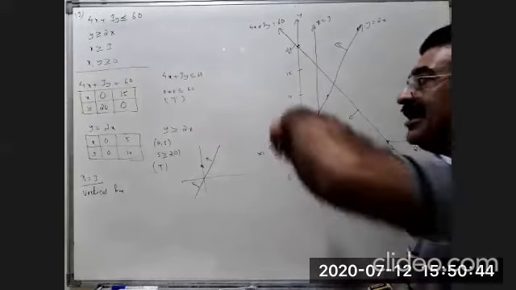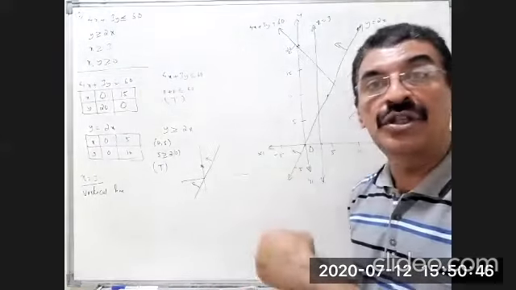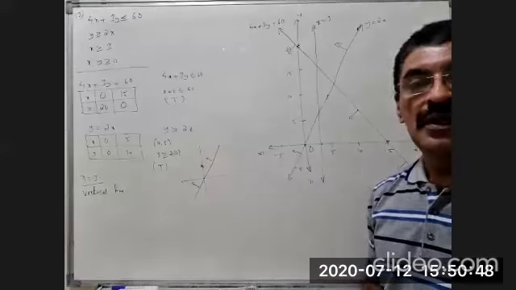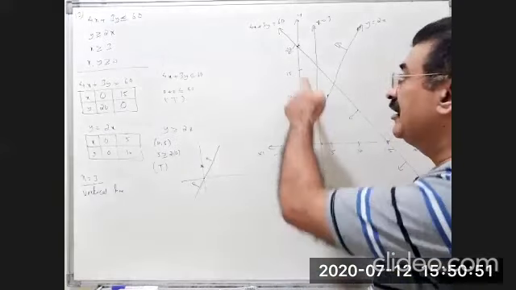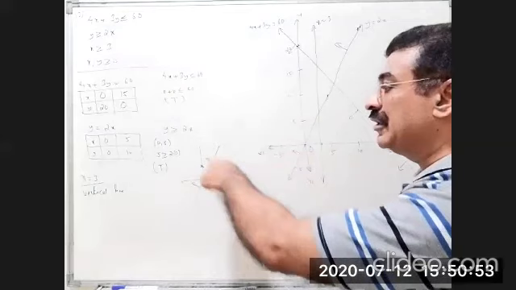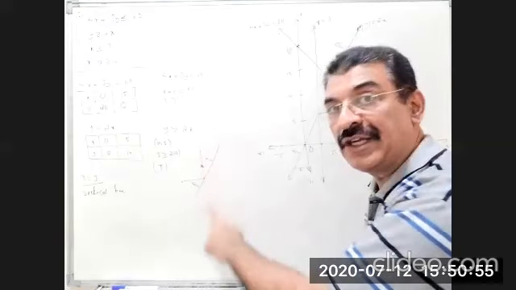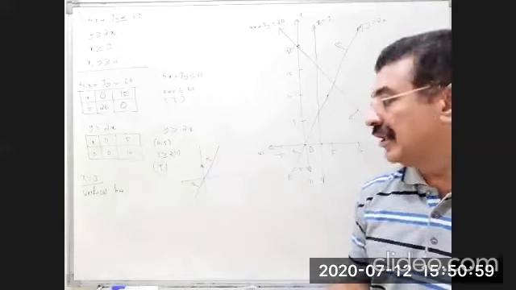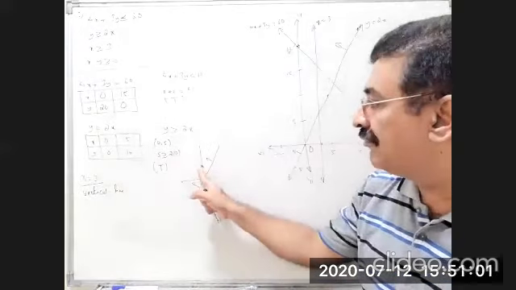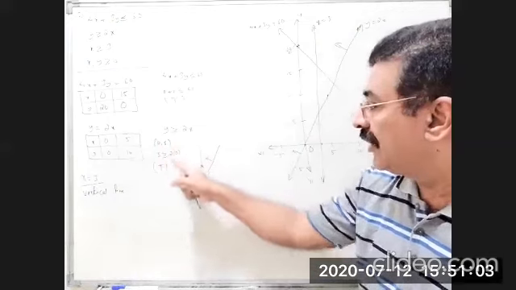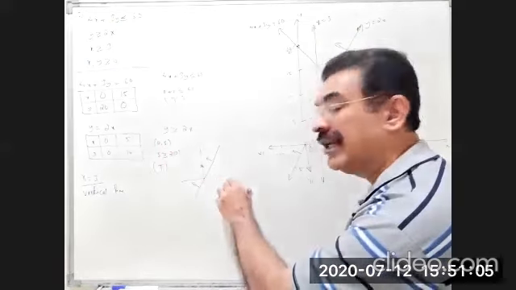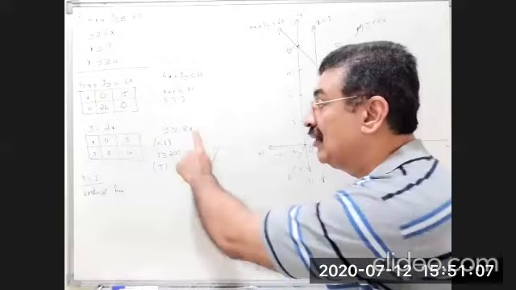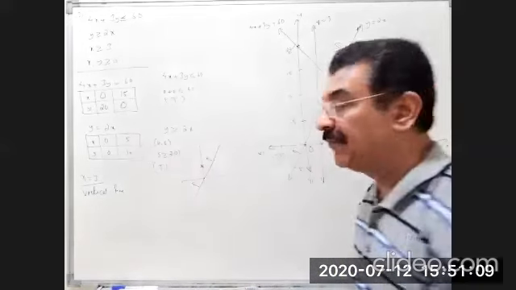But if you are taking anywhere, we need to substitute both the values of x and y. To avoid it, if you take a point on either the x-axis or y-axis, one of these values will be 0, so it will be easy for calculation. Here, I took a point on the y-axis, 0, 5. It is satisfying. Even if you take a point on the x-axis, you can see it will not satisfy, so it is the other half plane.